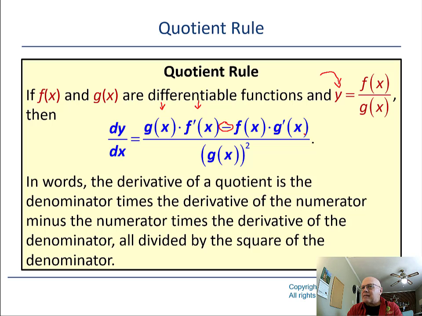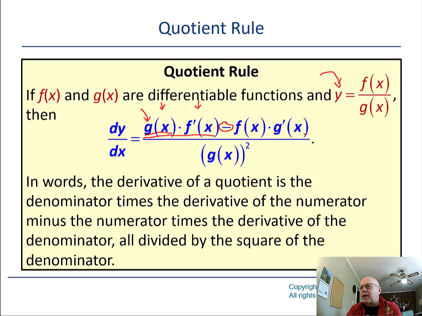The other thing is you have to start with the denominator first, the original denominator, g(x). Once you get that, this part is sort of similar to the product rule. g(x) f'(x), minus, because it's the quotient rule instead of the product rule, and f(x) times g'(x).